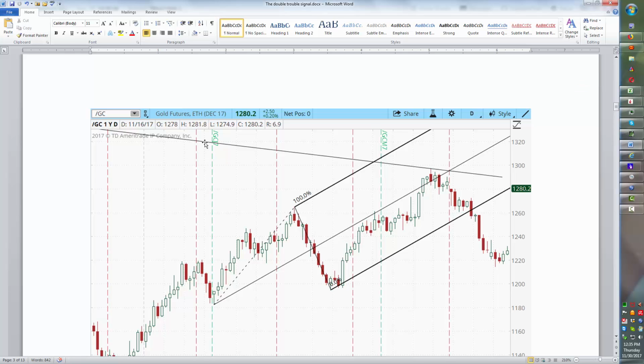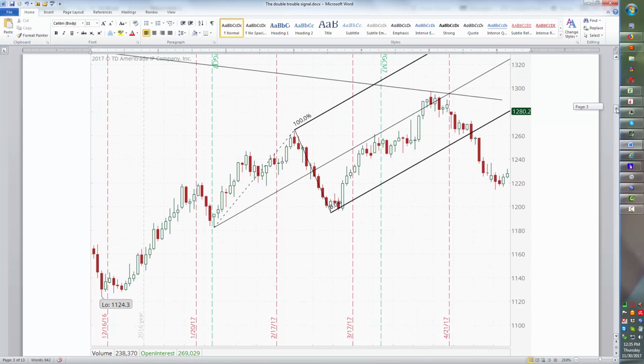Now here's another Babson reversal line. This is in gold, GCM7, so that would be back in March or April of 2017. Prices came up to the Babson reversal line and reversed.